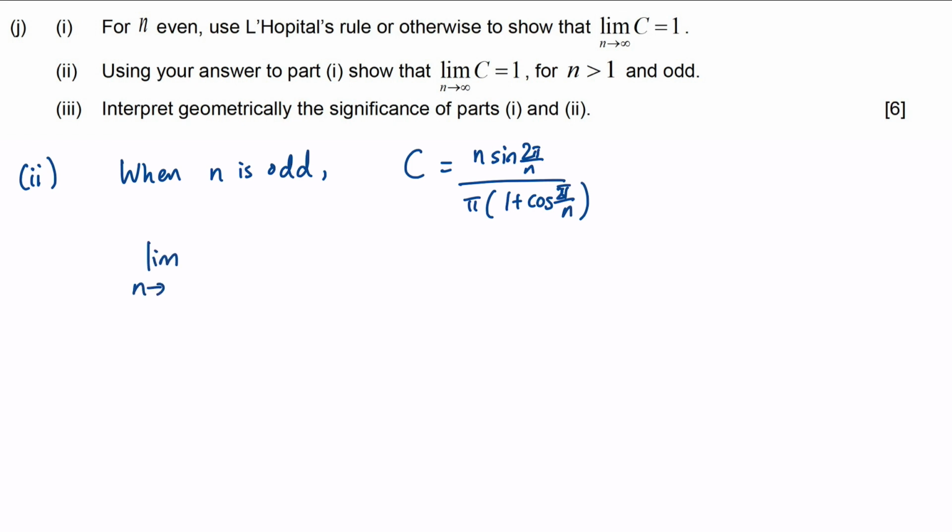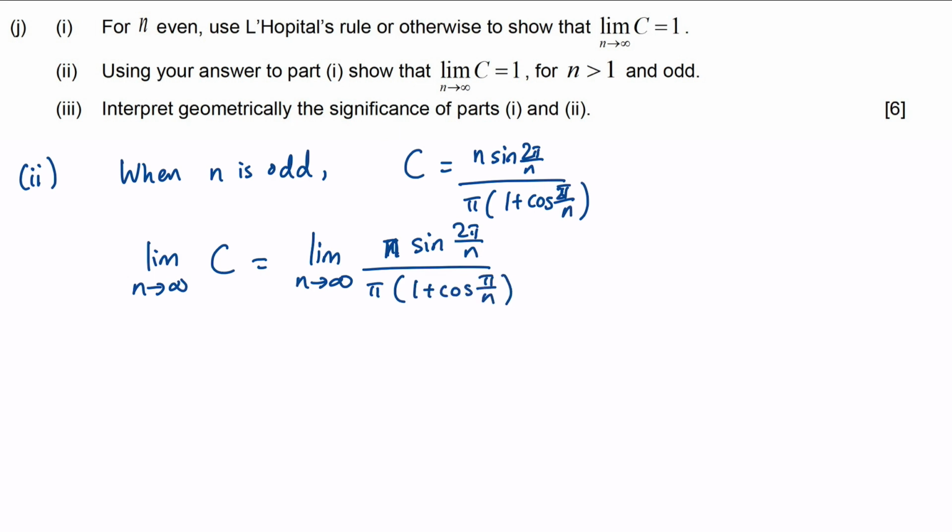So let's consider this and see what we can do. Just copying down the question, it gives me n times sine 2 pi over n over pi times 1 plus cosine pi over n. Now I need to find a way to bring in the answer for part 1.